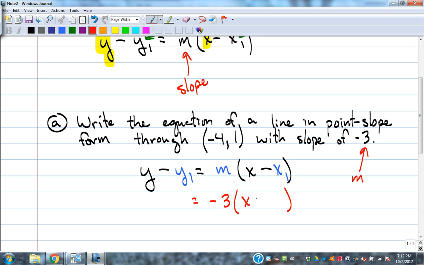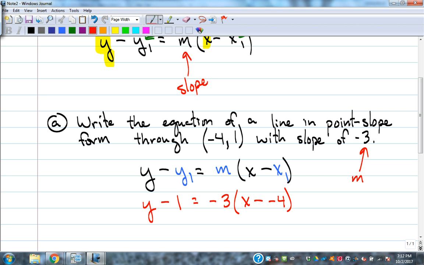That x has got to be there, that first x. What's the x value in the ordered pair? -4. So that's minus -4. What's the y value in the ordered pair? 1. So that's y minus 1.